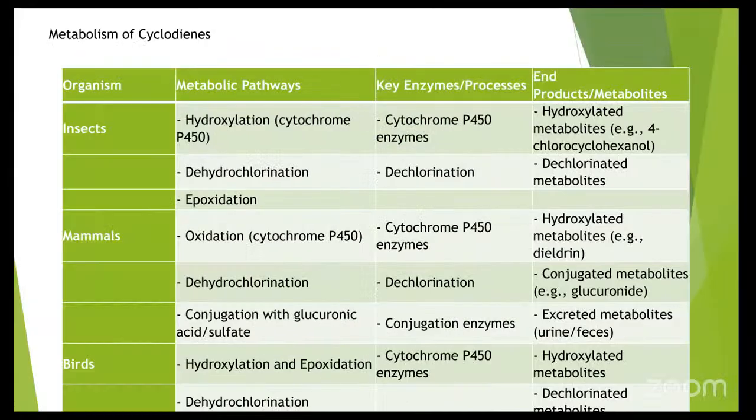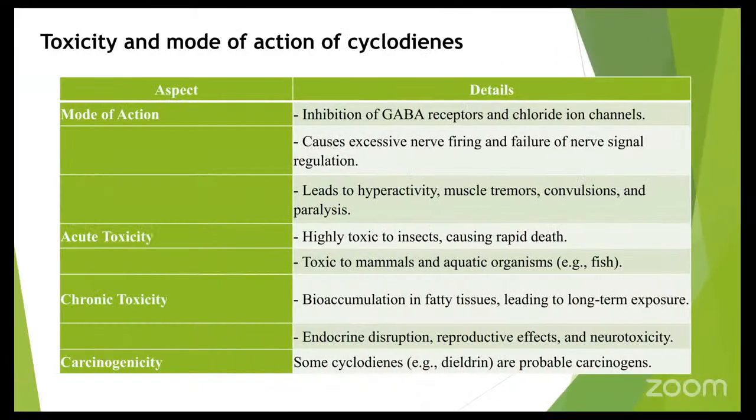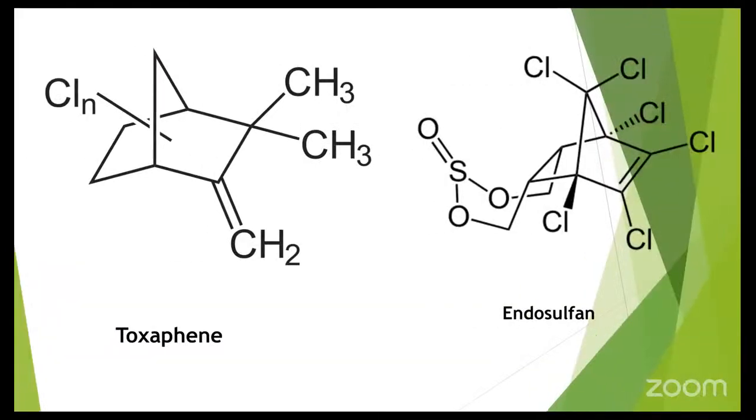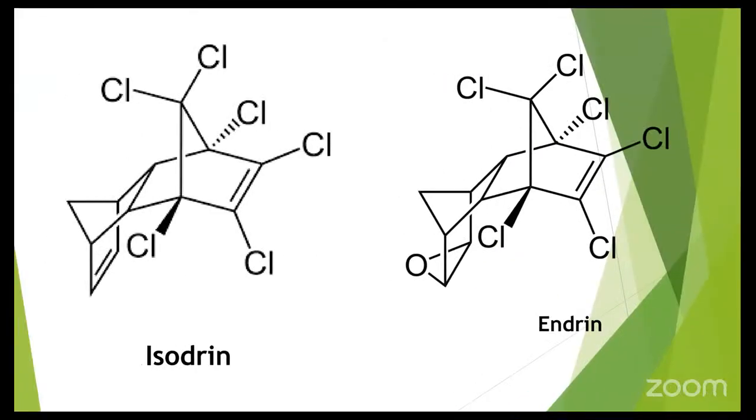This is about the two chapters that we have seen here: the organochlorines, and also the plant-based botanical insecticides, where we studied the nicotinoids, their physical and chemical properties, structure-toxicity relationship, mode of action, and effects of nicotine on mammals.